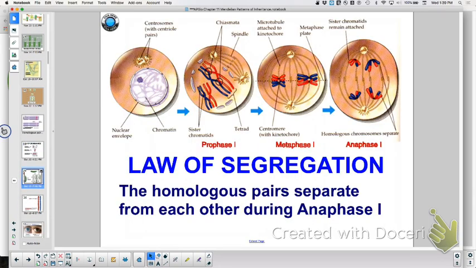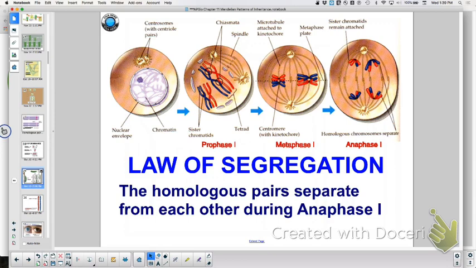Meiosis, right? In meiosis 1, what gets separated from each other? Homologous pairs. In meiosis 2, what gets separated? Sister chromatids. What do you call failure to separate? Nondisjunction. So we're going to separate big T from little t. That's the law of segregation.